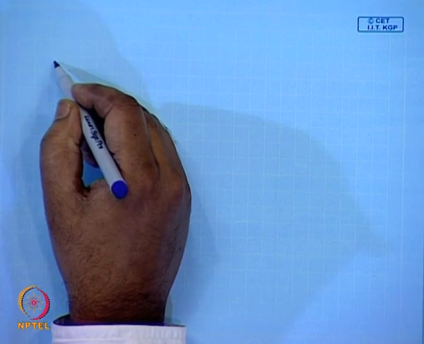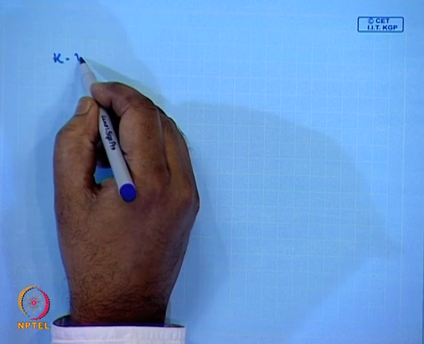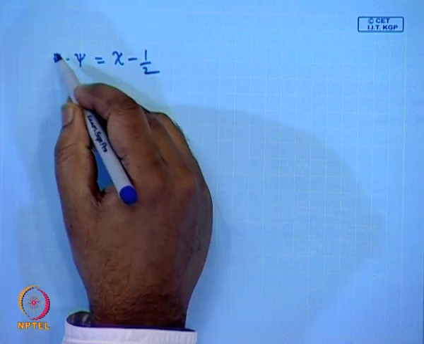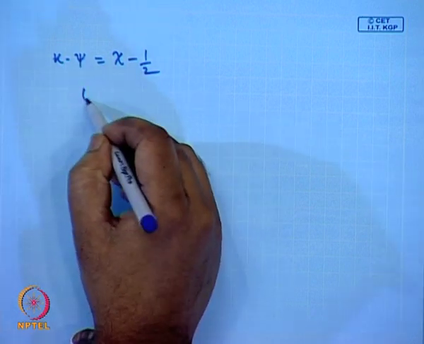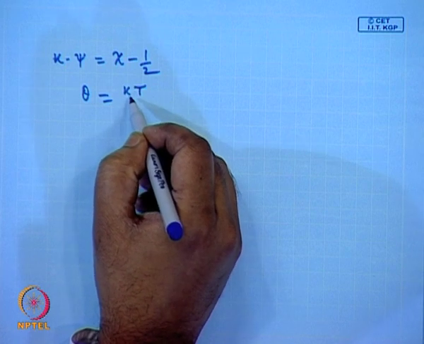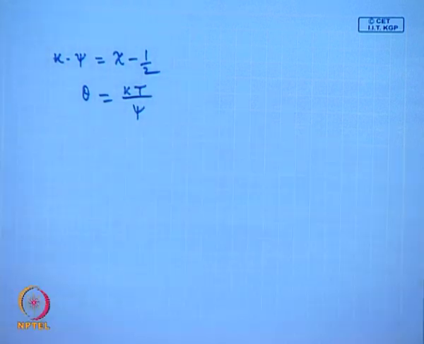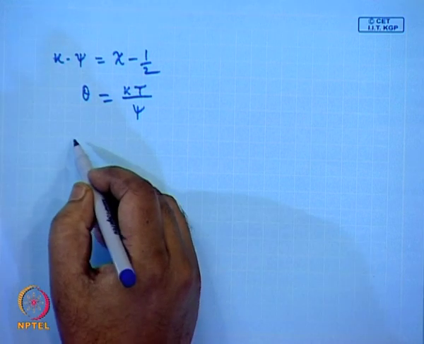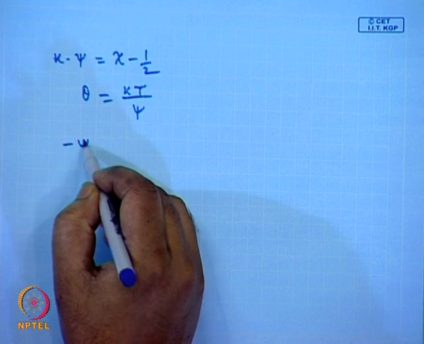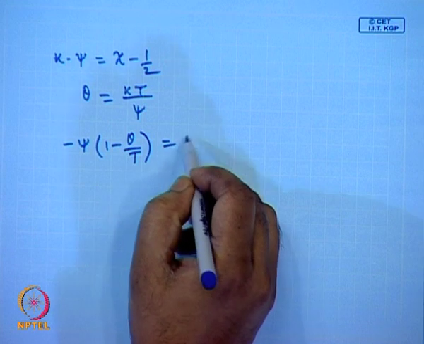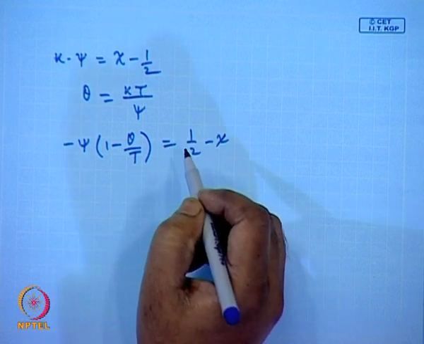Now, from our previous knowledge, this is the enthalpic parameter, this is the entropic parameter, and theta is kappa T psi. So, we can write minus psi 1 by theta by T, half minus chi.